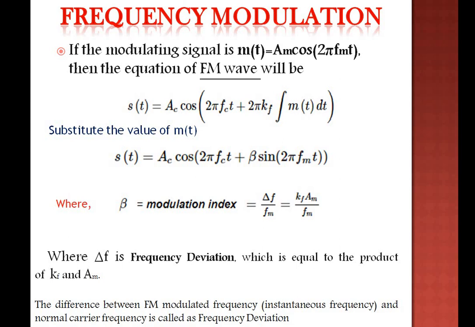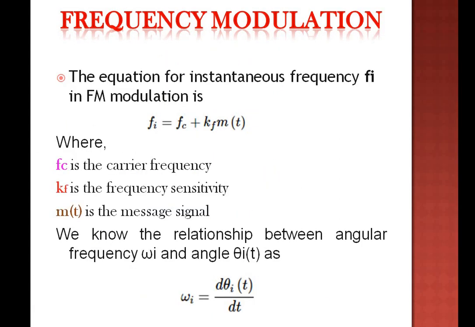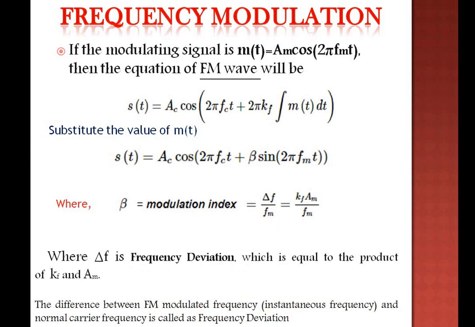So here beta is your modulation index, and that is given as delta f divided by fm. Delta f is nothing but the frequency deviation, meaning how much the frequency has changed before and after modulation. That frequency deviation is given as delta f, which is equal to the product of kf into Am. What is kf? kf is your frequency sensitivity, and Am is your message signal amplitude.